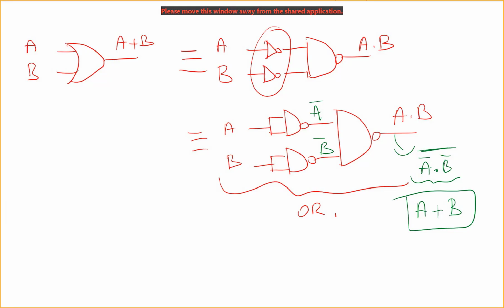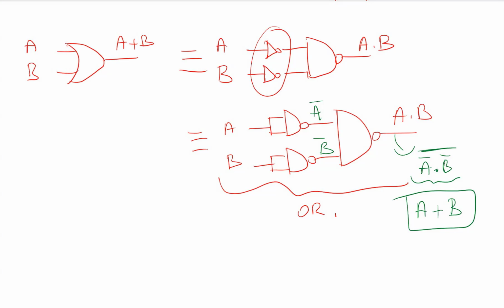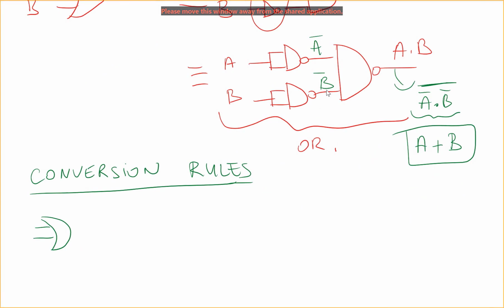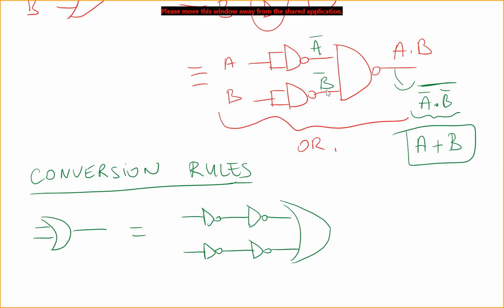Okay, now let's look at some conversion rules. So what we did here, we converted our gate. Let's see our conversion rules. If I have an OR gate, and I put two NOT gates at the input, it will not change my functionality. But now I take this part and I move my NOT operations to the output.